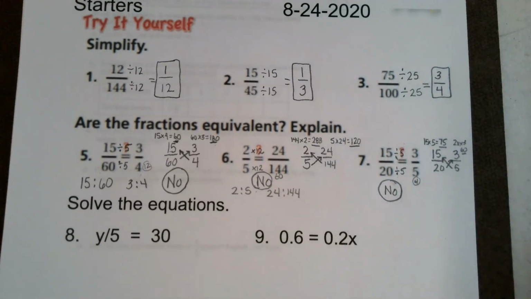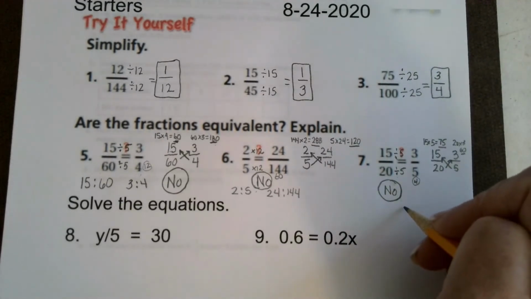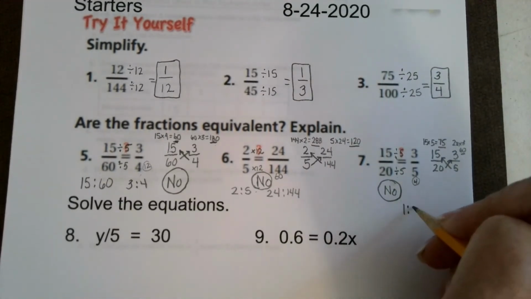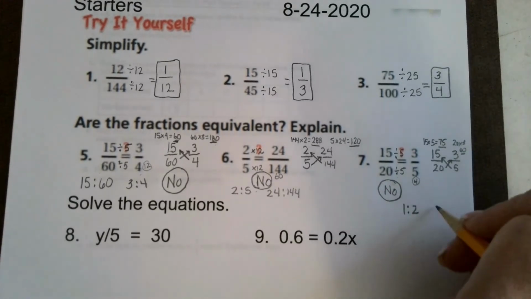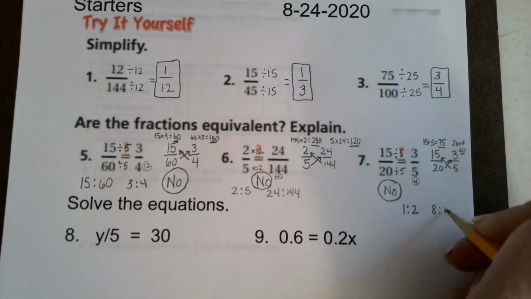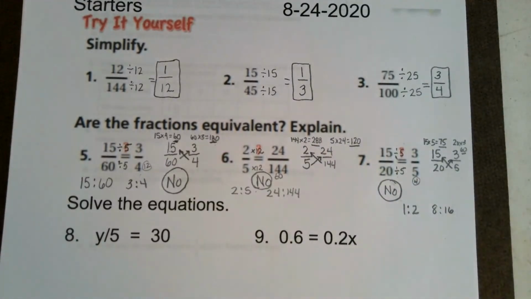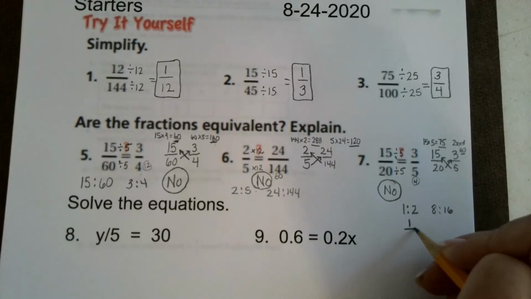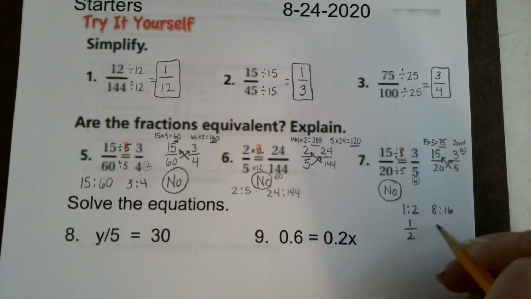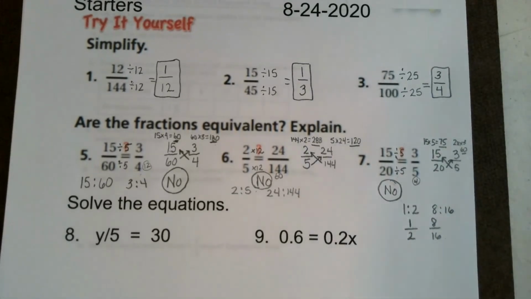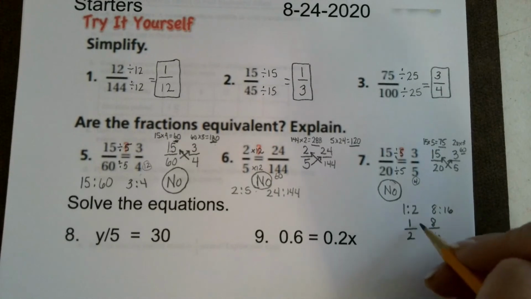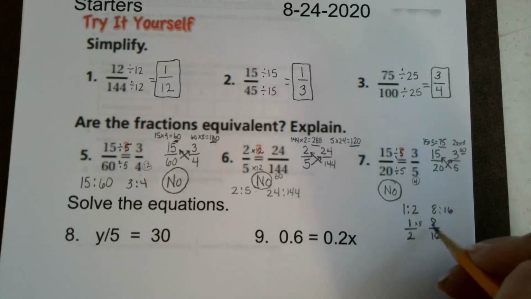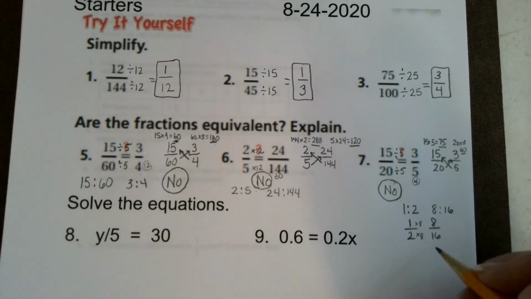I do want to show you one that works. So we could have a ratio of 1 to 2 and 8 to 16. Now this one's not on your sheet. But if they asked about those two, we could change them into fractions, which would be 1/2 and 8/16. And we could say 1 times 8 equals 8, and 2 times 8 does equal 16. So those are equivalent.